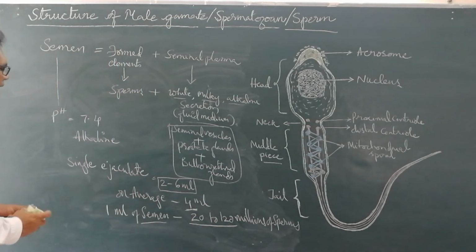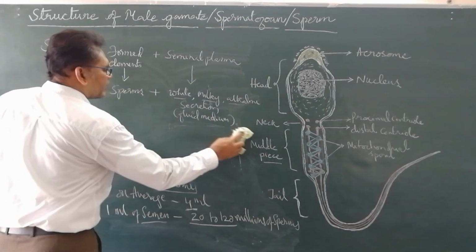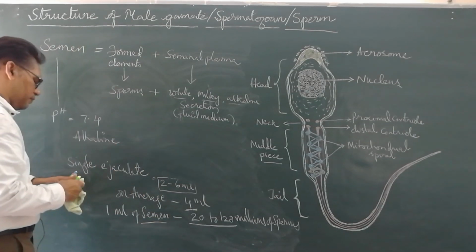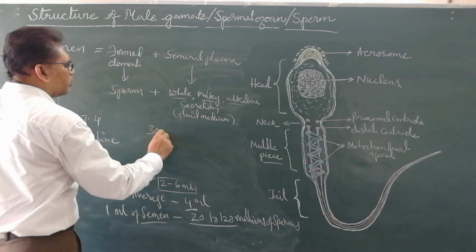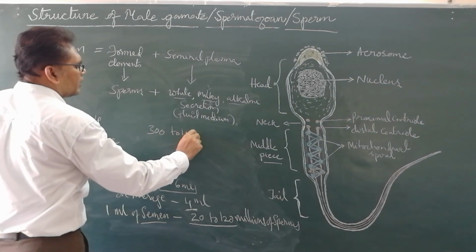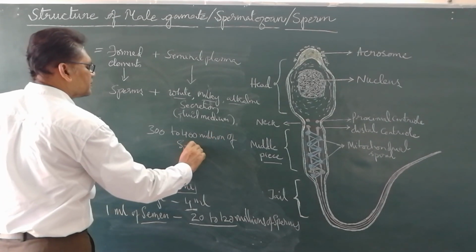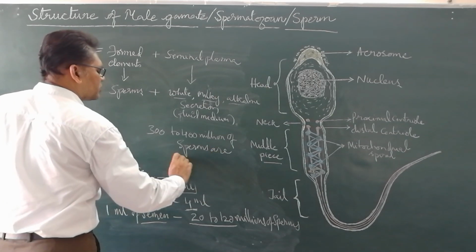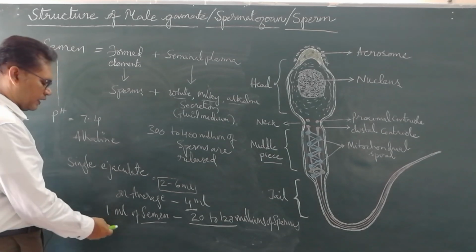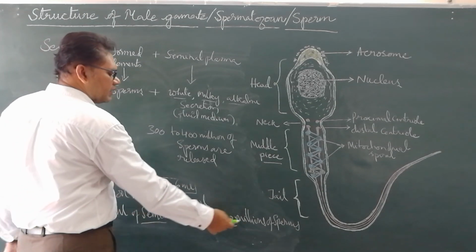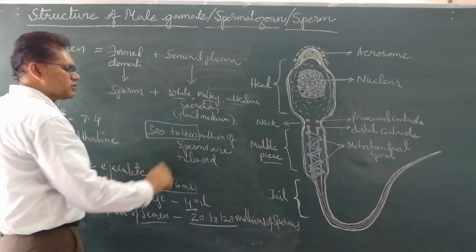It means on average 300 to 400 million sperms are released per single ejaculate. 1 ml of semen consists of 20 to 120 millions of sperms, so 300 to 400 millions of sperms are released.